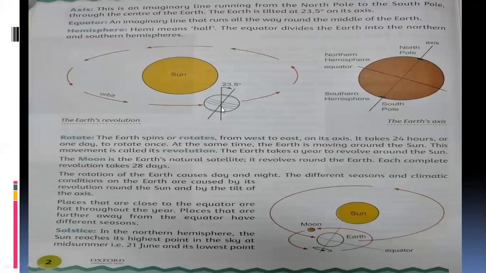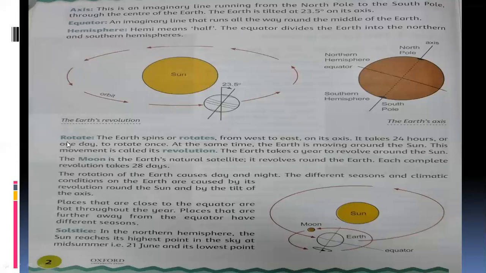Tilted means sloping down like this around the sun, and its rotation is anti-clockwise, from west to east. This is called the Earth's revolution, and these lines are called orbit, an imaginary one.